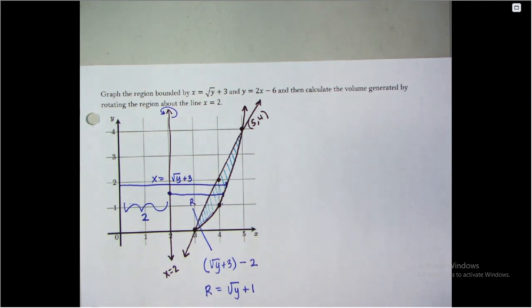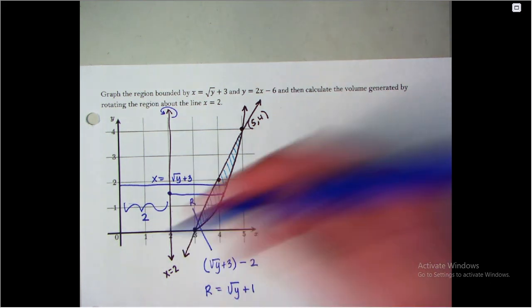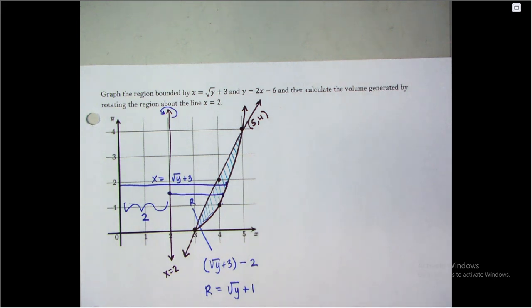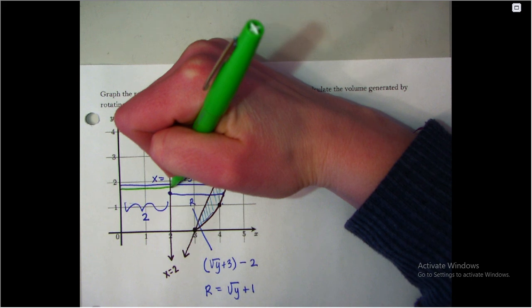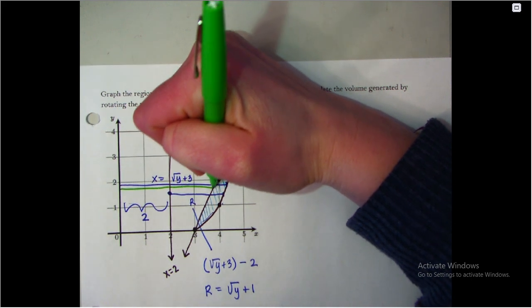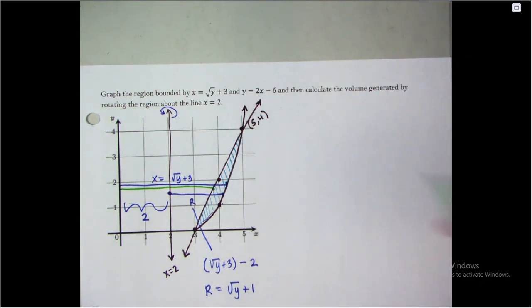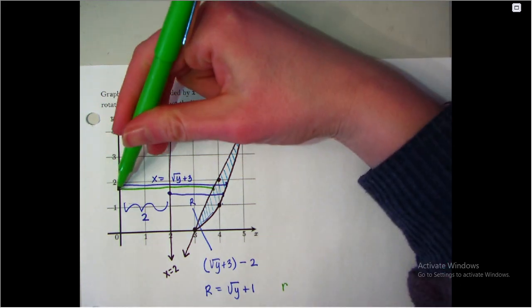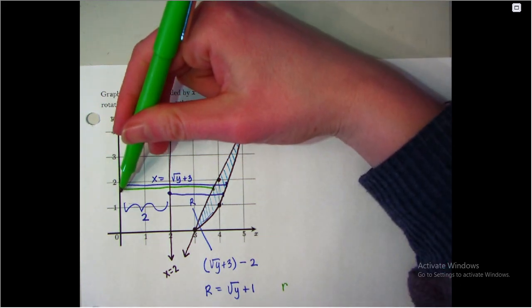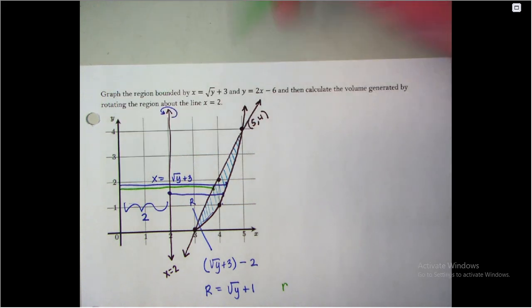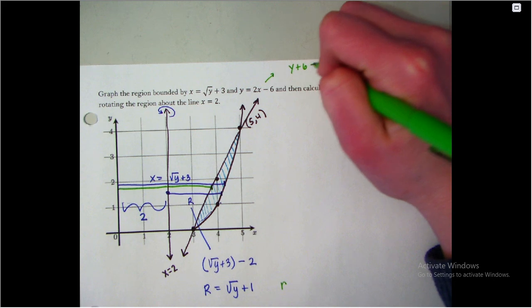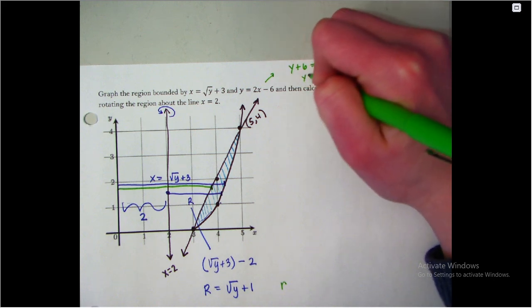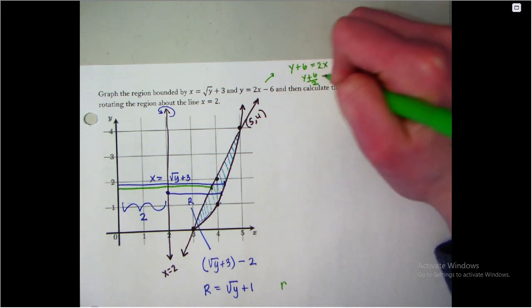Likewise, if I wanted to think about little r, what's happening? Well, that would just mean that I'm moving over until I hit the linear function. So in order to calculate little r, I would be taking the length or the value from the function. Oh, I've got to edit this, don't I? This would be y plus 6 equal to 2x, or y plus 6 over 2 equal to x.